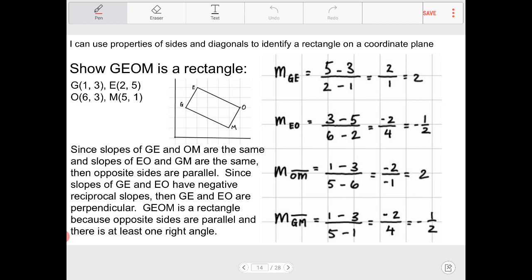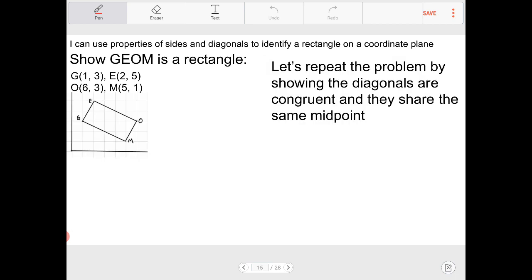Since slopes of GE and EO have negative reciprocals, then GE and EO are going to be perpendicular. GEOM is a rectangle because opposite sides are parallel and there is at least one right angle. Just like with the coordinate proof when we were proving that a quadrilateral is a parallelogram, we need to do something very similar here as well. A declaration at the end is absolutely necessary.